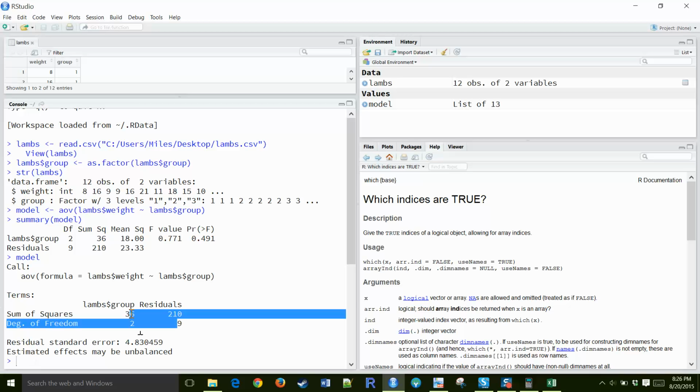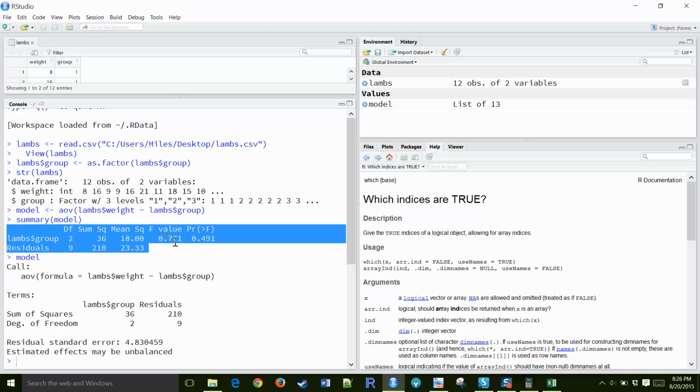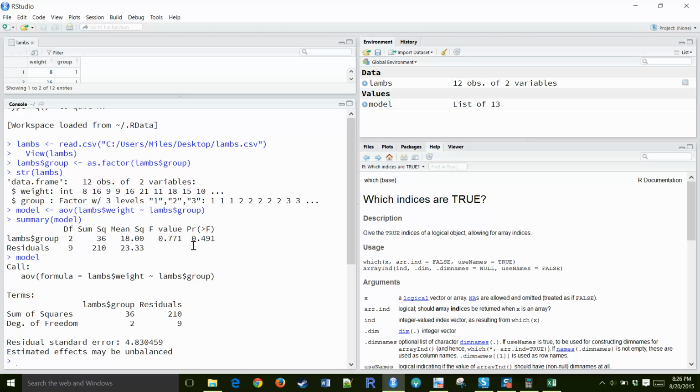So let me also just create a strip chart of lambs$weight as explained by lambs$group.